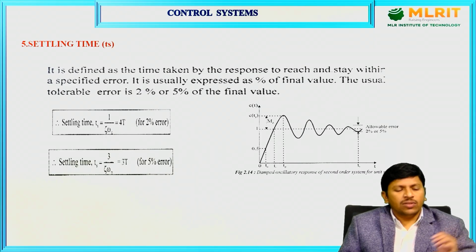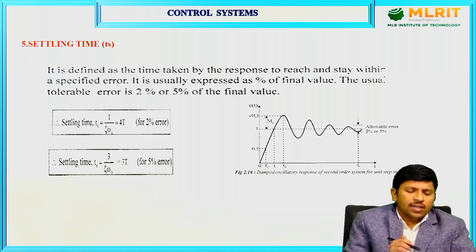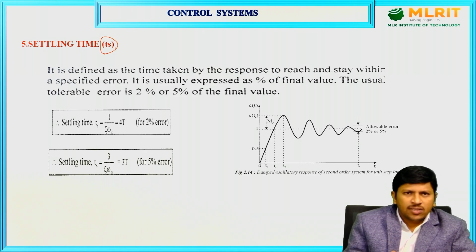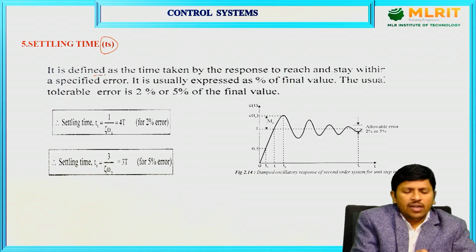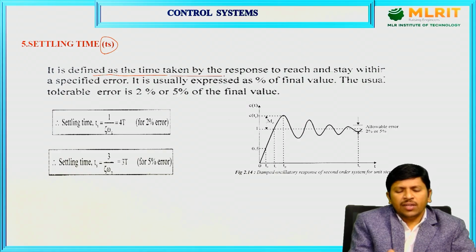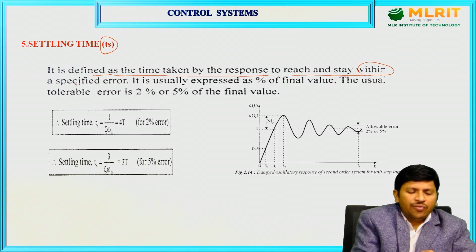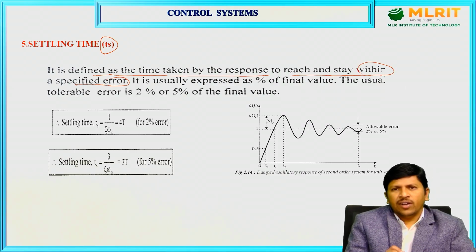Next, coming to the settling time. Settling time is represented as Ts, and it is defined as the time taken by the response to reach and stay within a specified error. It is usually expressed as a percentage of the final value.